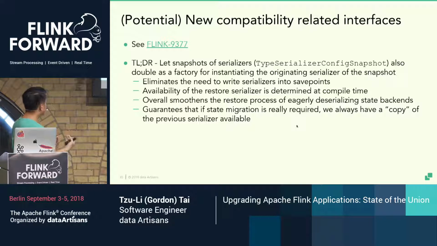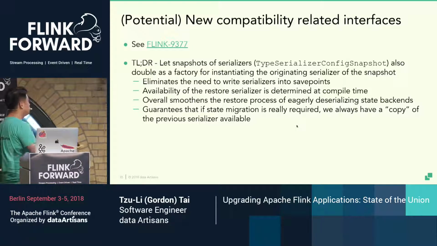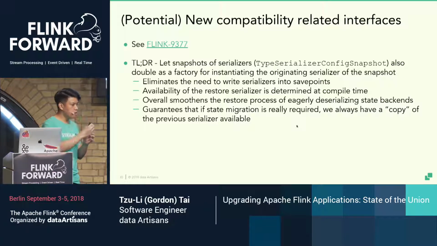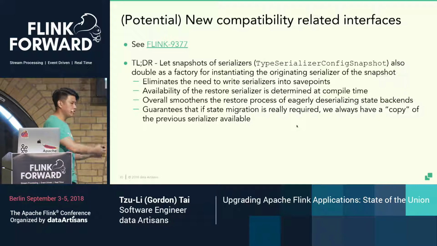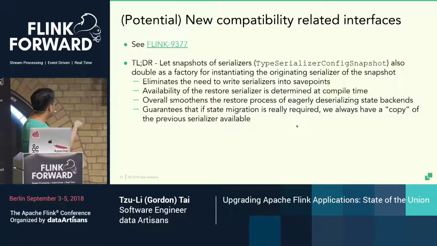There are a few benefits that this would introduce and get a lot of stuff out of the way. First of all, it eliminates the need to write serializers into savepoints. We only have the config snapshot, which is information about how state was serialized, as a single source of truth about the state inside the savepoints. Also, availability of a restore serializer is determined at compile time.